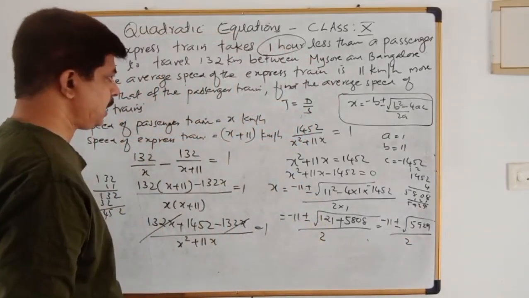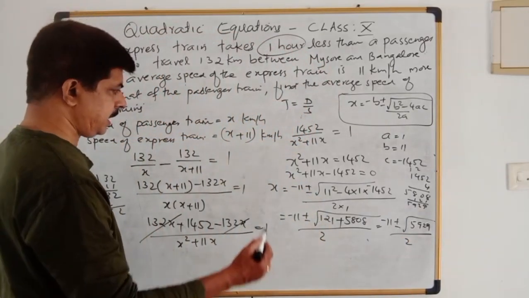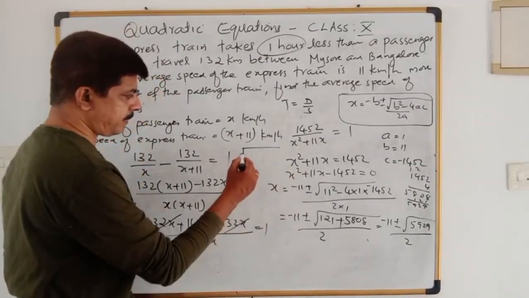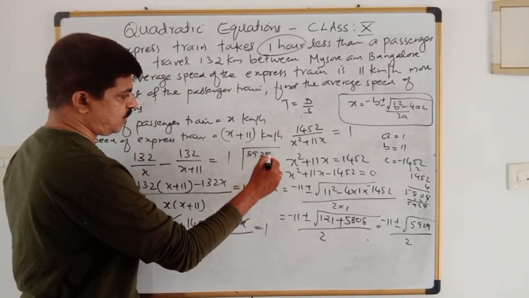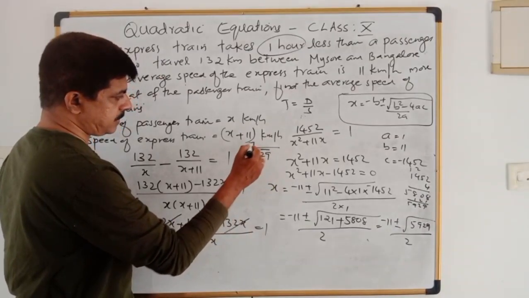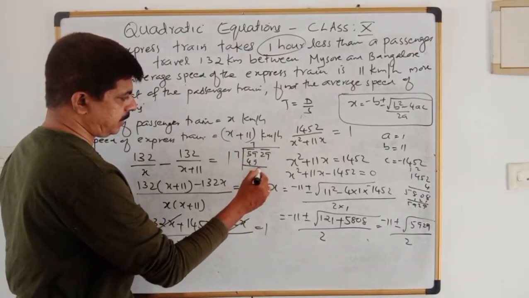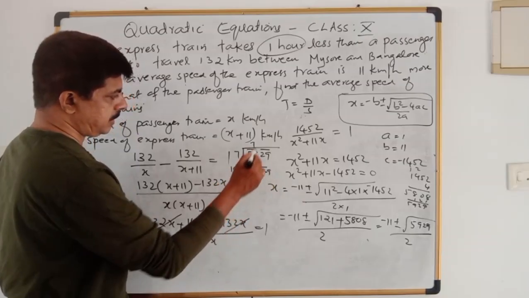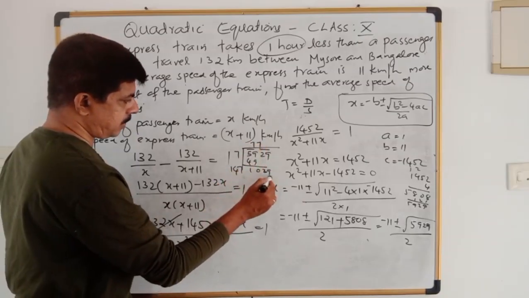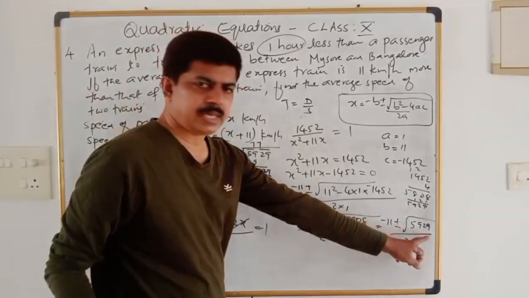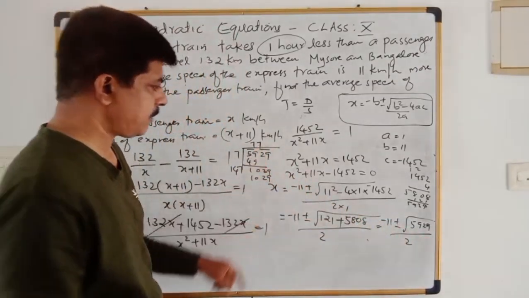Let us see what is the square root of 5929. Forming pairs, 7 sevens are 49. Okay, square root of 5929 it is 77.